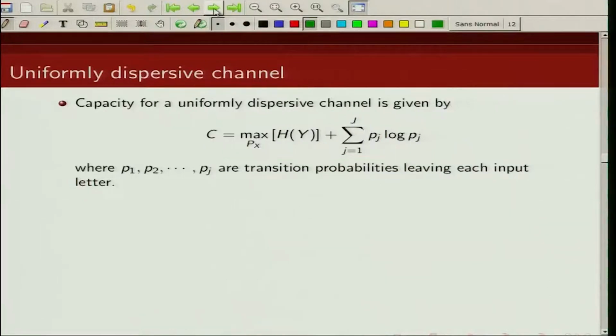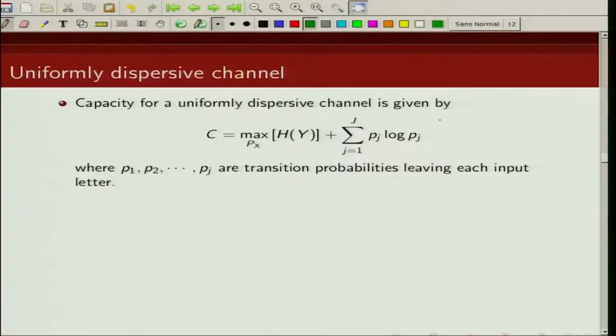Next, we can write down the expression for capacity for a uniformly dispersive channel. What was capacity? It was maximizing over all input distributions H of y minus H of y given x. Now, no matter what the choice of P of x is, this quantity is fixed for a uniformly dispersive channel, so minus of this is essentially given by this expression.